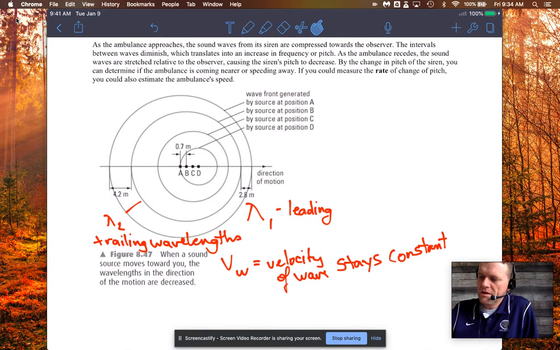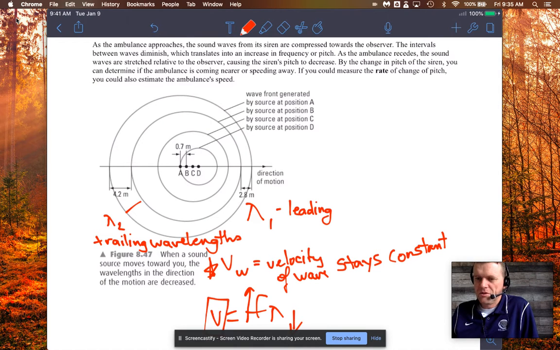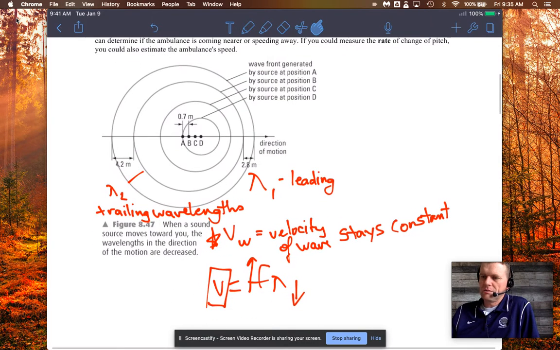So if the velocity stays the same, if you look at the equation, and this variable doesn't change, then these two have to change. If the wavelength goes down, then the frequency has to go up, and vice versa. When the wavelength gets bigger, the frequency has to go down. It's kind of a cool parallel, but if you can follow that mathematically, that's exactly what's going on.